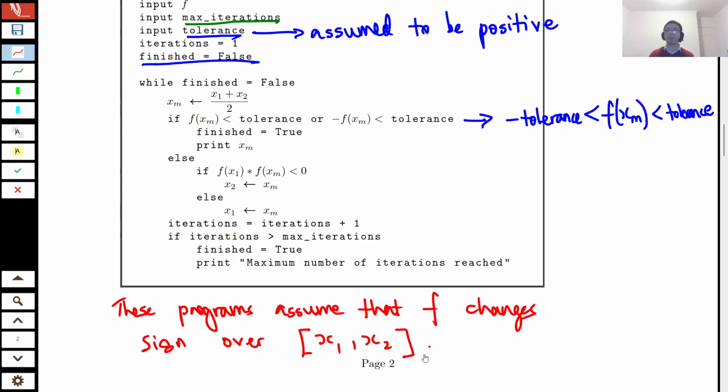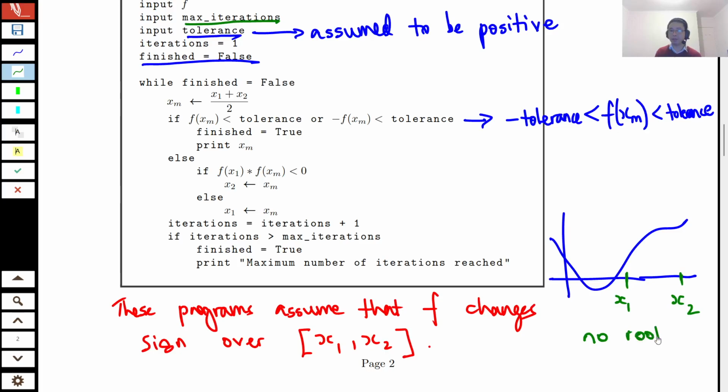Because if you don't, you're going to do all these calculations, but you're not going to get anything because there's no root. So for example, imagine a situation where I've got this function, but I set up the bisection method between x1 and x2 as labeled here. There is no root here. This is bad. Okay, so the bisection method will fail here.